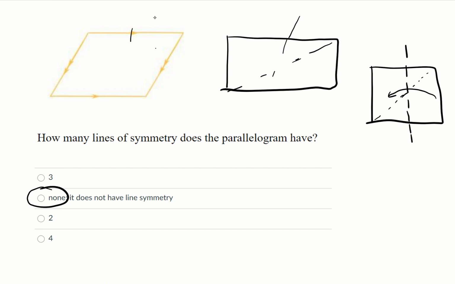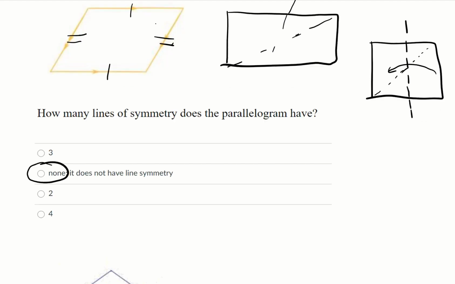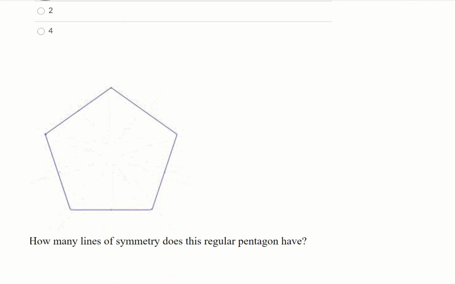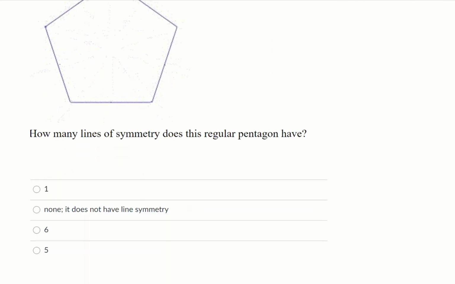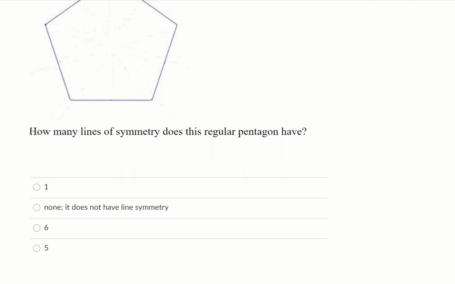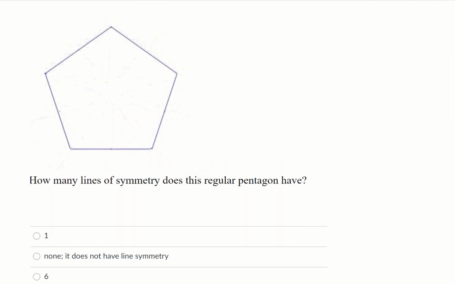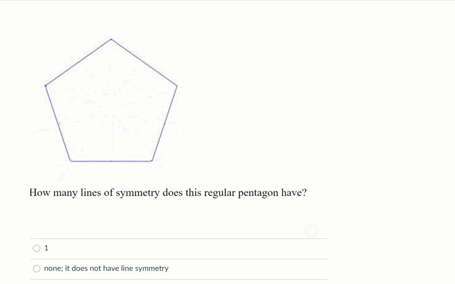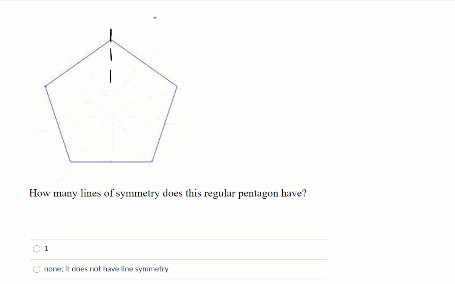So this side is equal to this side, but it may not be equal to the other sides. The opposite sides are equal to each other, but not equal to the other pair of sides. So keep that in mind. That's what we're referring to here for this parallelogram. So it does not have any lines of symmetry. So no line symmetry.